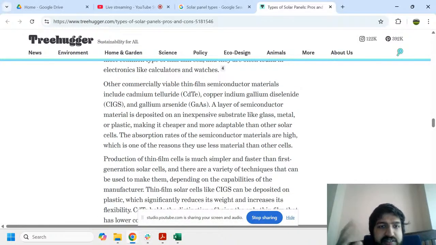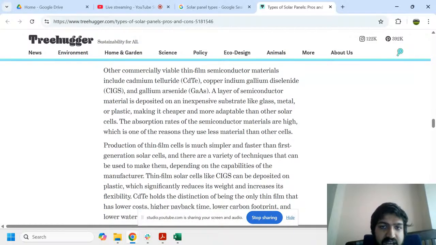Viable thin film semiconductor materials include cadmium telluride, copper indium gallium diselenide, and gallium arsenide. A layer of semiconductor material is deposited on an inexpensive substrate like glass, metal, or plastic, making it cheaper and more adaptable than other solar cells.